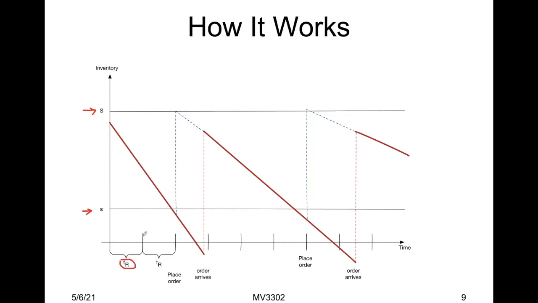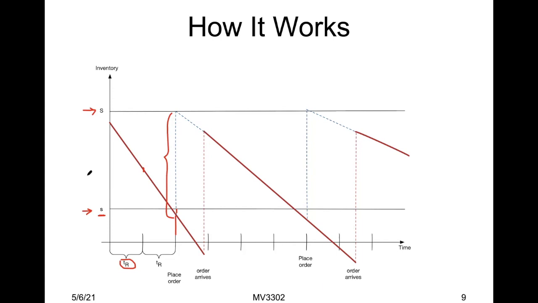We review at this point, and we're above our trigger point, so we don't do anything. But the second time we review, right here, we're below our reorder point, and so we're going to place an order for this amount right now.